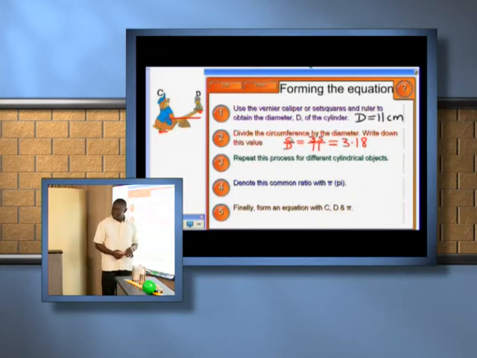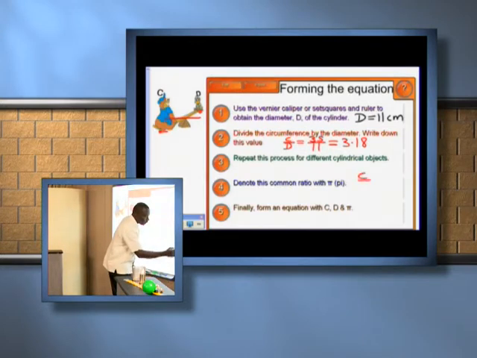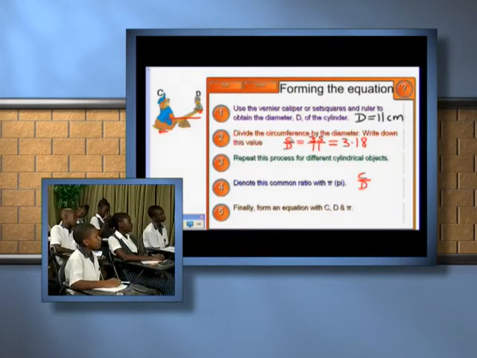So how do we write it? We can say c divided by d. What is this equal to? Yes, what are we saying here? We're saying denote this common ratio with pi, which means to let this common ratio be the same as pi. So we're going to use pi to represent this common ratio here. Good.